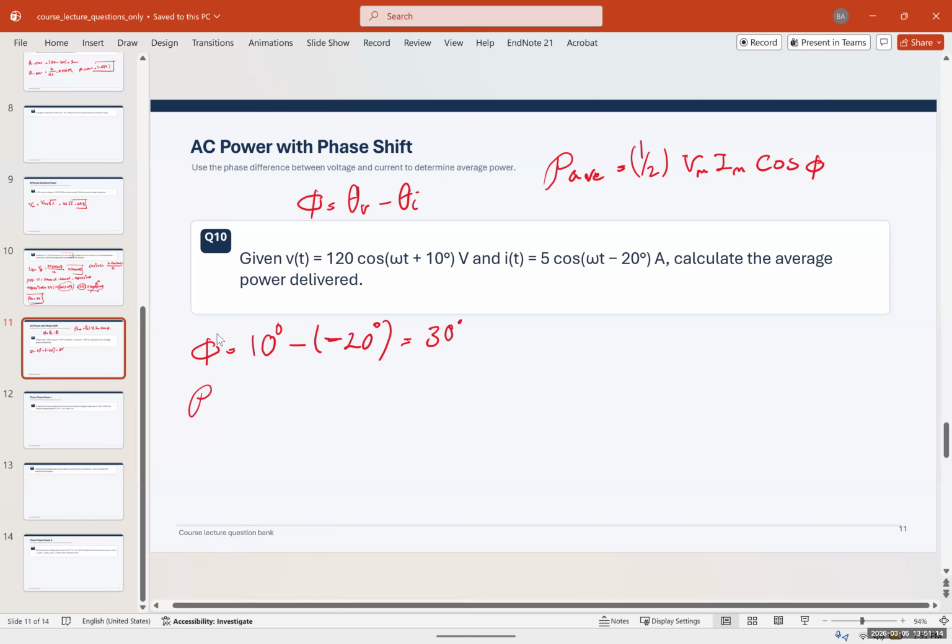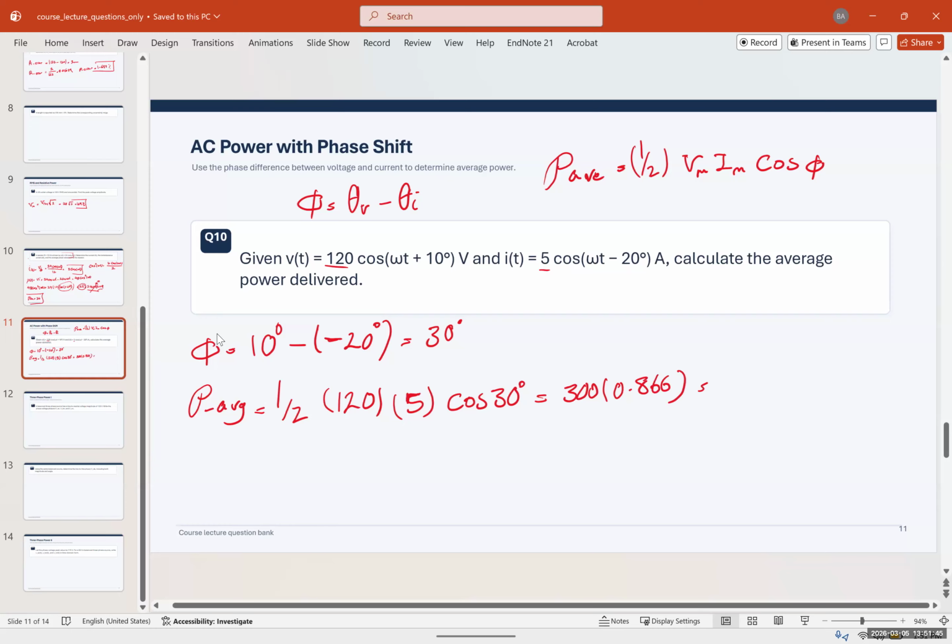And then the average power would be half of Vm, which is 120, Im, which is 5, and cosine of 30 degrees, which gives us 300 times 0.866.